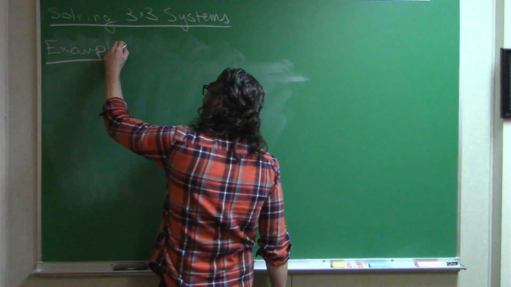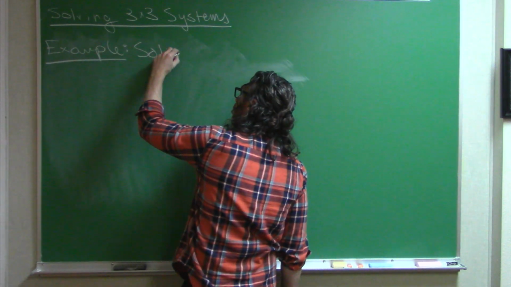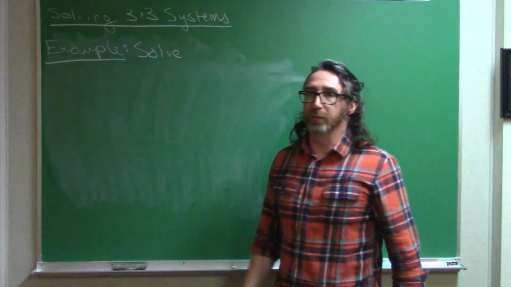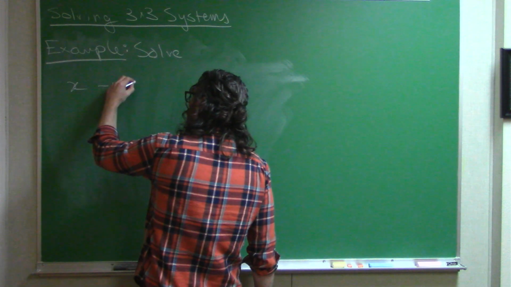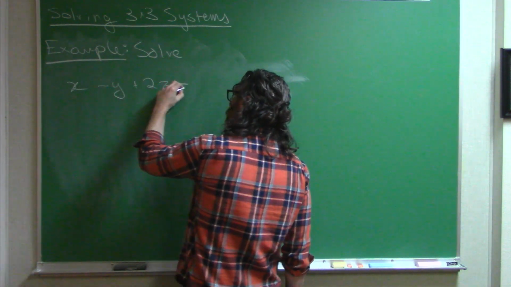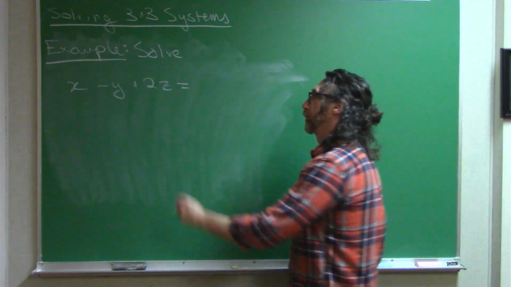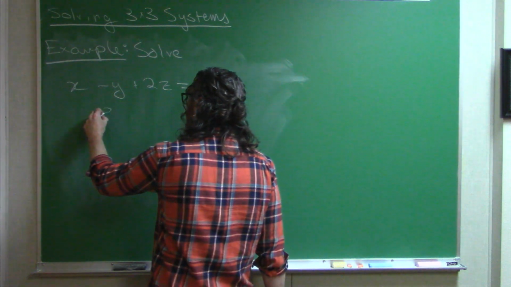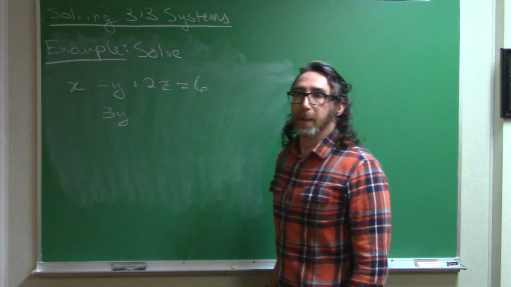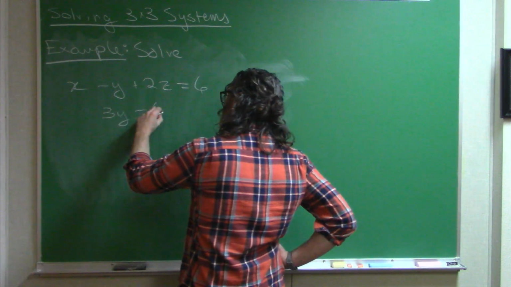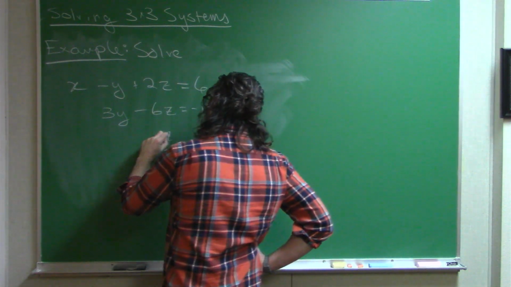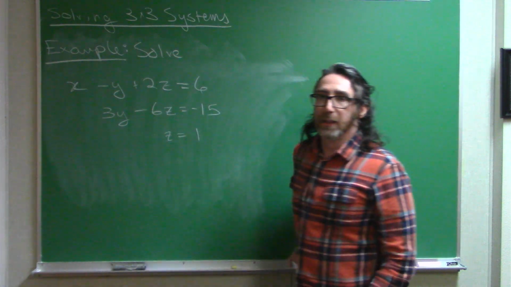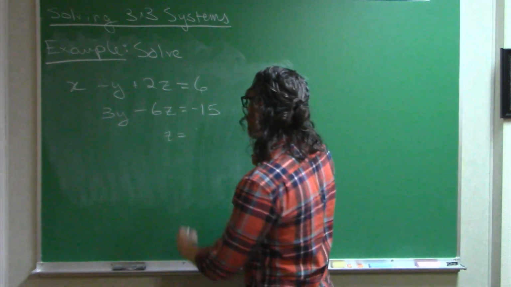So what we want to do is solve this system of equations. We'll make it x minus y plus 2z equals 6, 3y minus 6z equals negative 15, and the last equation will be z equals 2.